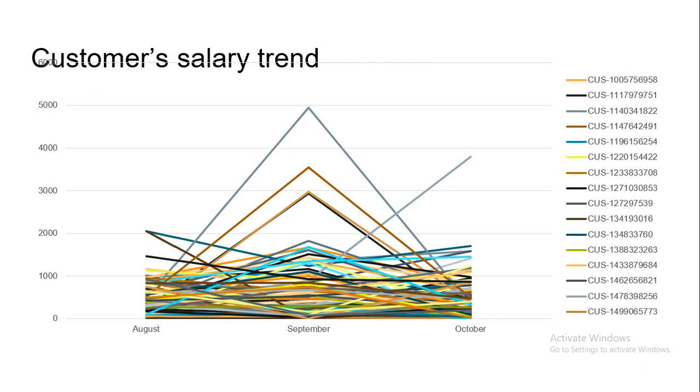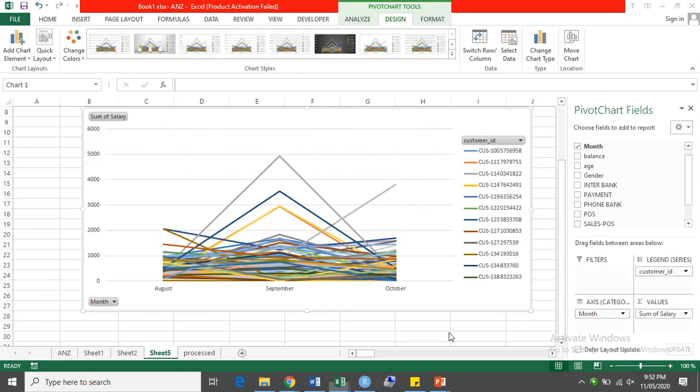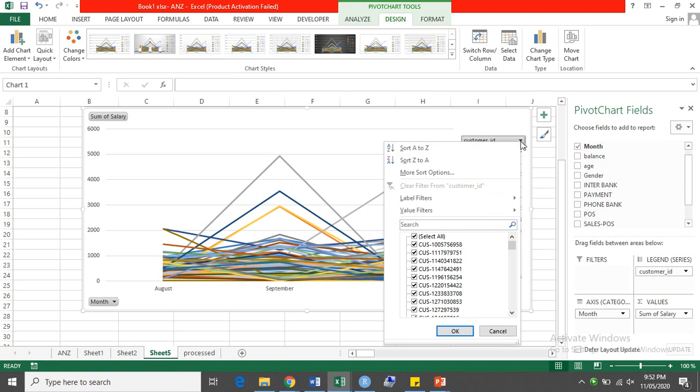So this is basically the trends per customer. I know it looks very messy here, so let me take you here and we shall sort it. How should we solve this?